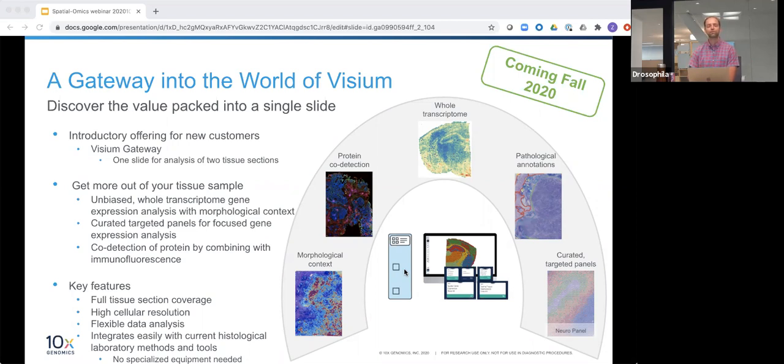Or if you only have 2 tissue sections that you want to look at and you don't want to use a slide that has 4 tissue sections, this is another good thing for you to use. It's exactly the same as the normal Visium slides. You get all the same benefits. There's just 2 sections instead of 4.